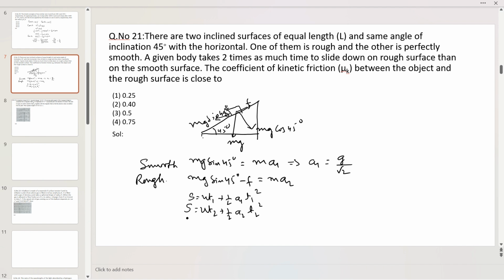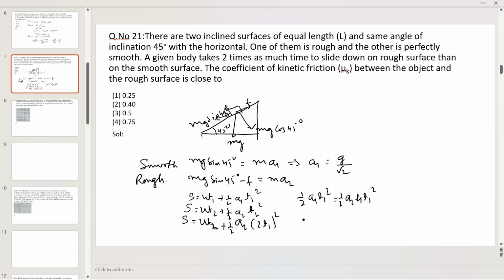Now it is given that the time taken by the rough surface is 2 times that of the smooth surface. So S is equal to u t2 plus half a2 into twice t1, the whole square. Both travel the same distance, and initially they are at rest, so initial velocity is 0. So we get half a1 t1 square is equal to half a2 4 t1 square.